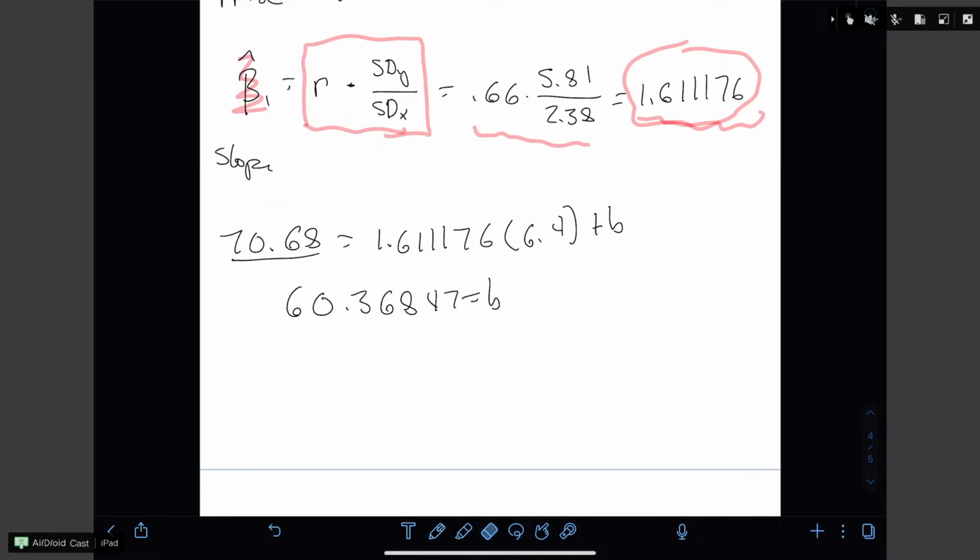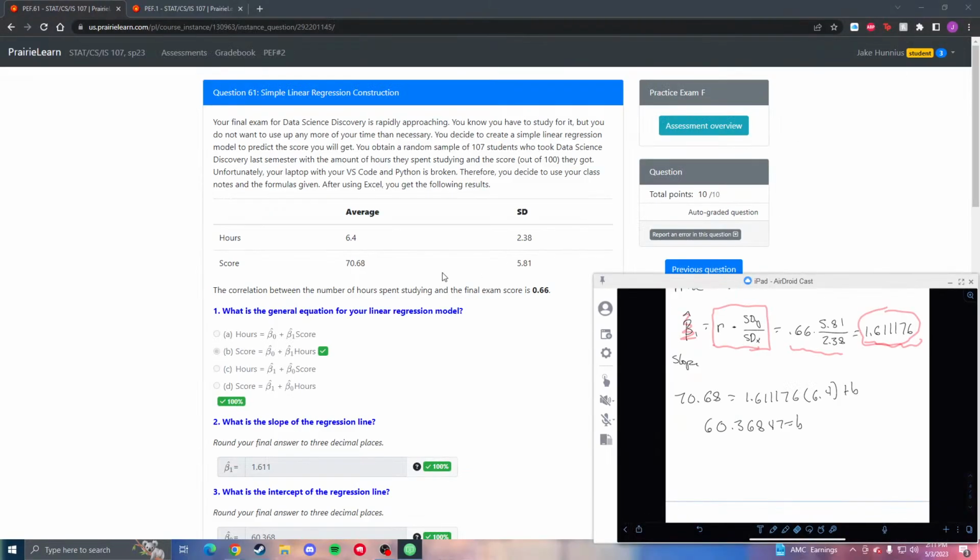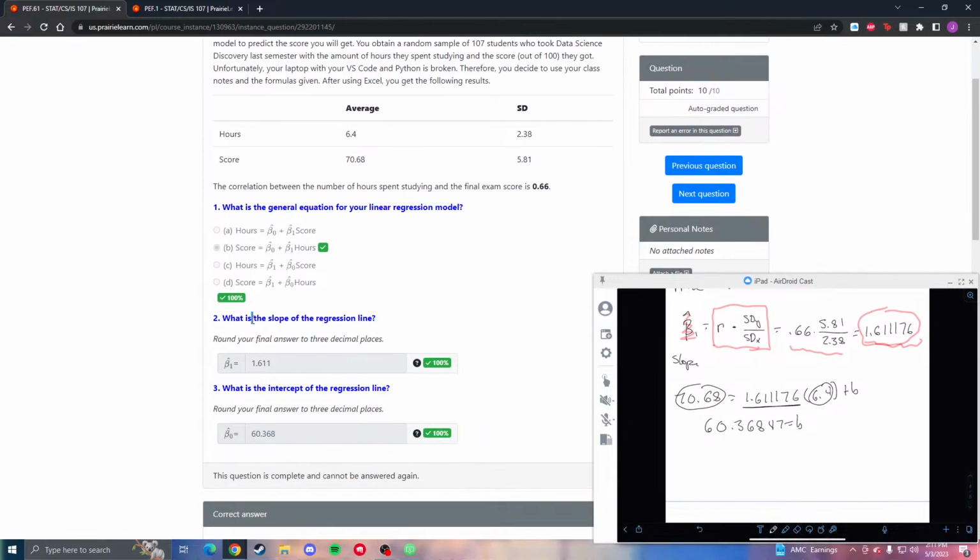And then for calculating the intercept, you plug in these averages given to you for your Y and X. This was given to us and this was given to us. We calculated this in step 2, and then we just solve for B. Any questions on that?